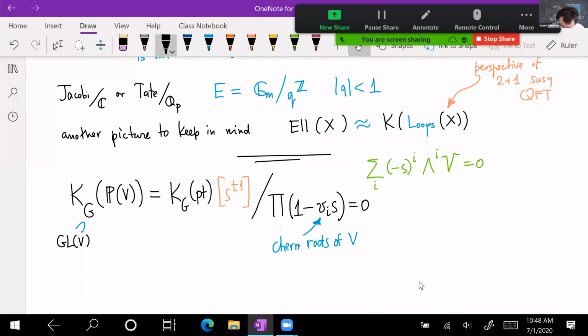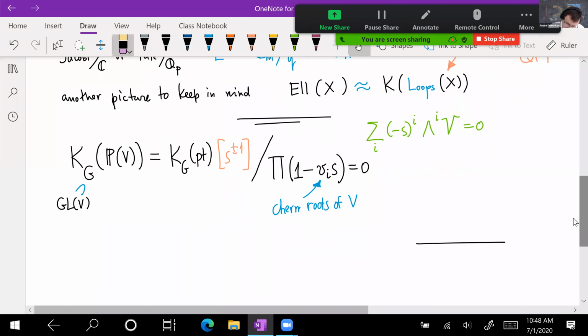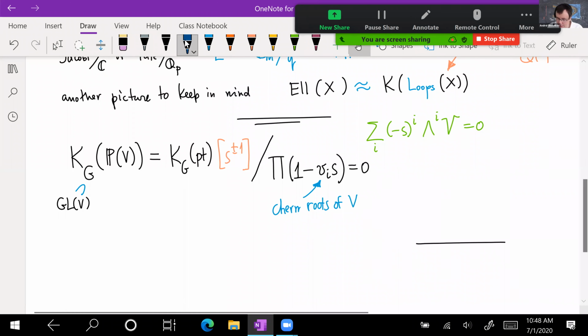You start with the Spec, or I'll write it already in the elliptic homology case so that we have uniform notation, of L_G of a point. And then I add one more copy of, this is adding one, these are the functions.